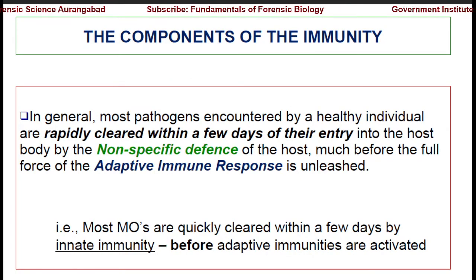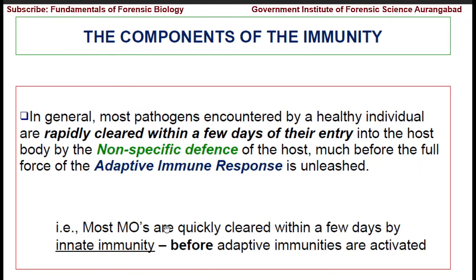Regarding the components of immunity, in general, most pathogens encountered by healthy individuals are rapidly cleared within a few days of entry into the host body by the non-specific defense mechanism, that is innate immunity, much before the full force of the adaptive immune response is unleashed.